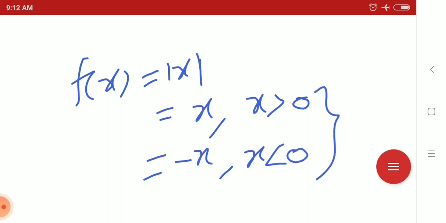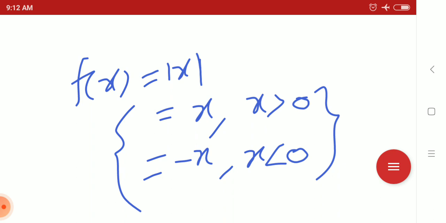This is the basic mathematical definition of f of x equals mod of x.